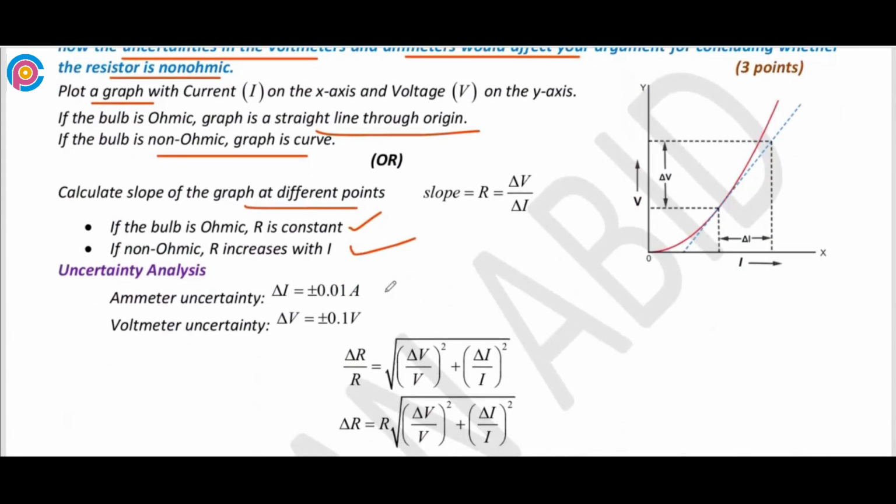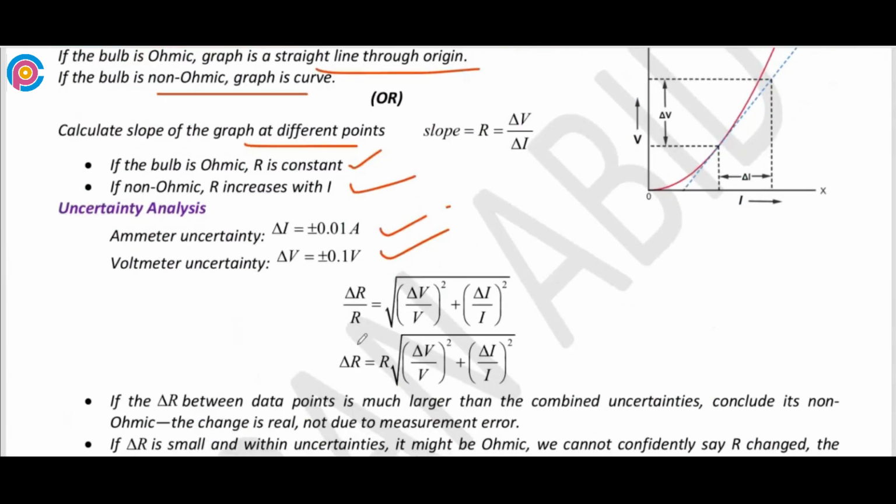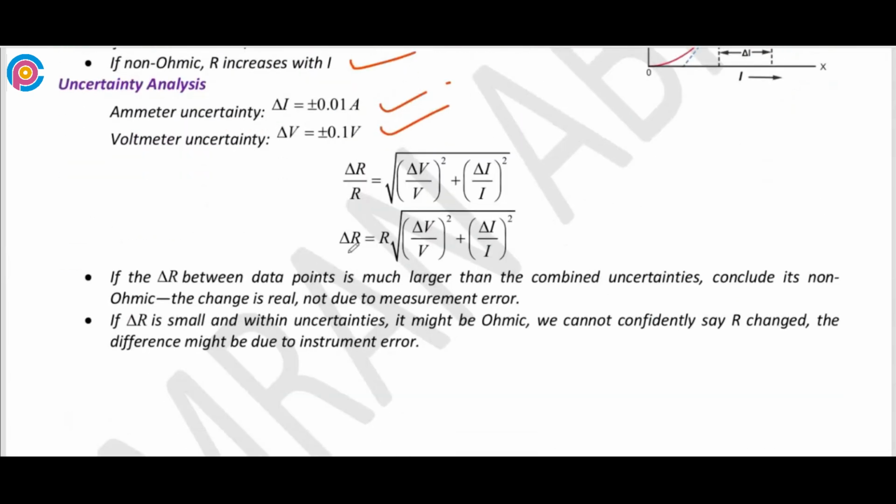Uncertainty analysis: the ammeter has an uncertainty of 0.01 A and the voltmeter 0.1 V. From these we find the uncertainty in the resistance, ΔR. If the difference in R between data points is much larger than the combined uncertainties, we conclude it is non-ohmic, because the change is real and not due to minor error.